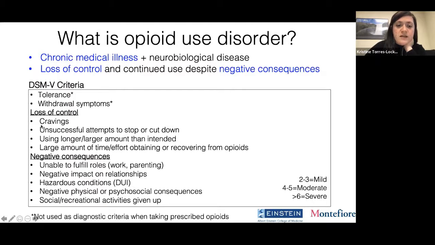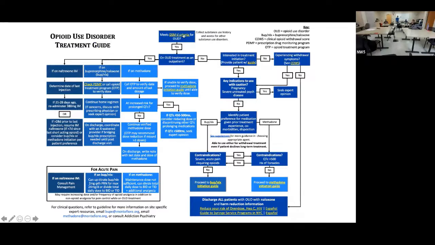She's been unable to cut down after trying. She certainly uses more than she's intended to, etc. So we haven't even gone through all the criteria with her, but just based on what we know about her, we know she meets at least 5 criteria and has moderate opioid use disorder. So sure, your patient meets criteria for opioid use disorder.